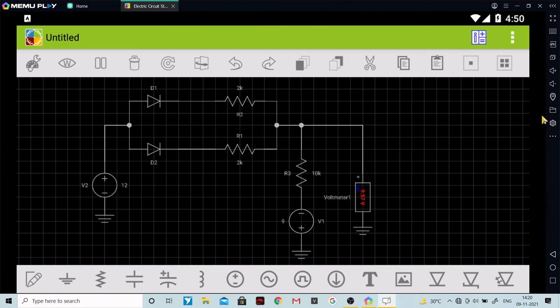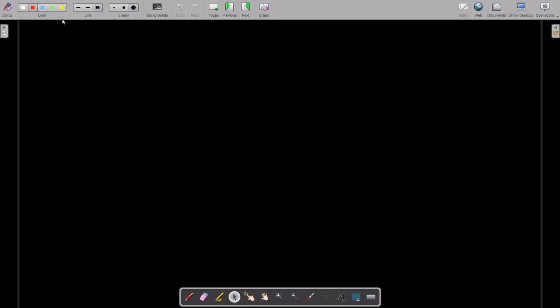Let me go towards here and write the theoretical value for V out. It was roughly around 9.4 volts.